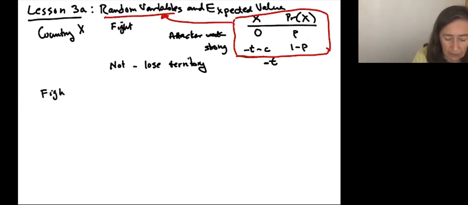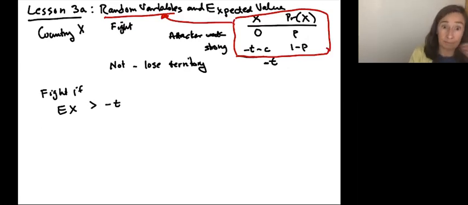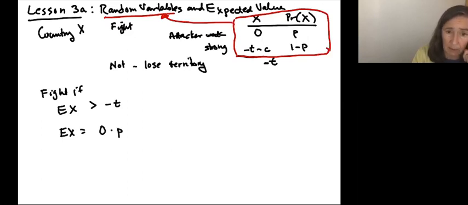So we should fight if the expected value of X is greater than negative T. And let's remind ourselves what the expected value is. We take each possible outcome, we multiply it by the associated probability, and we add them up. Okay, so the expected value of X is, I get 0 with probability P, or I get this negative T minus C with probability 1 minus P.